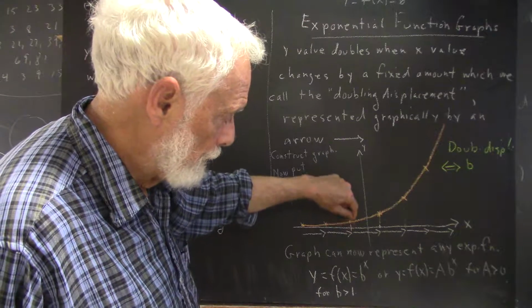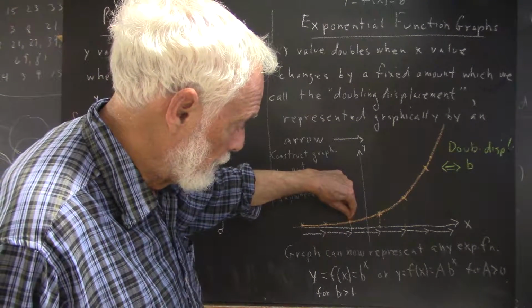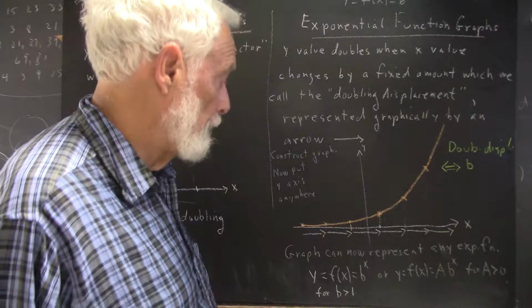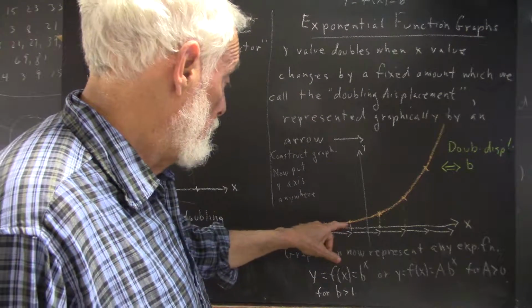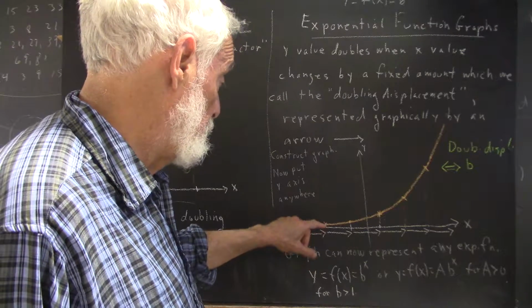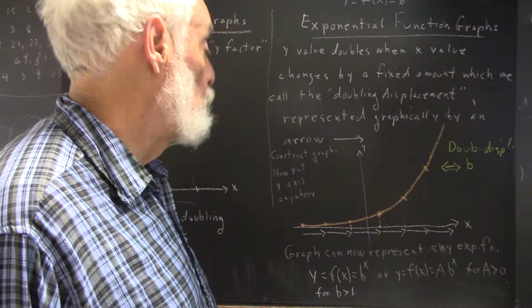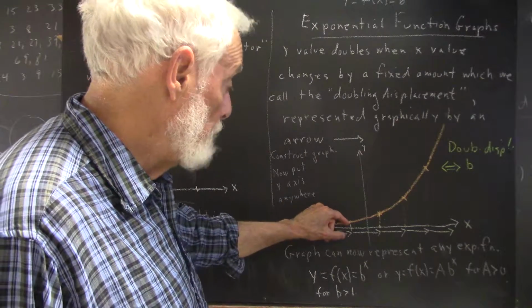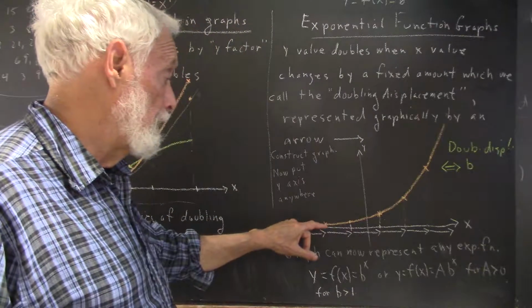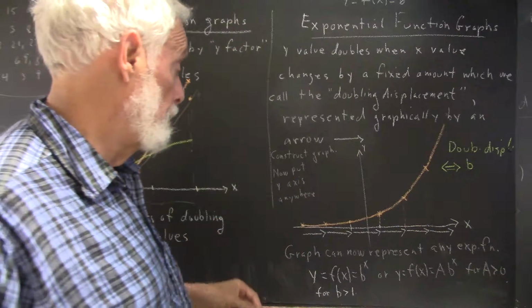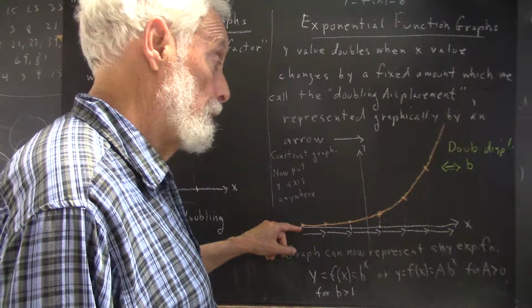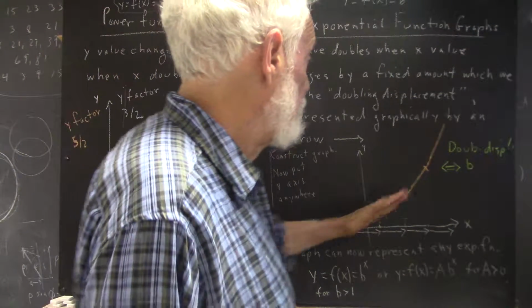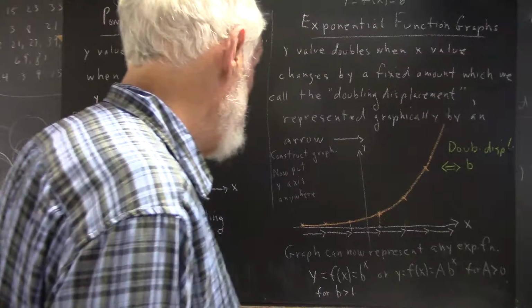We can just construct the bisector of the segment between this point and this point on the x-axis, this point on the graph, this point on the x-axis, and we then set this point at the y value at the midpoint there. And then we just cut this distance in half. We can do this again in principle with a compass and straight edge and set a point here. So now we can simply sketch the graph and we have it.